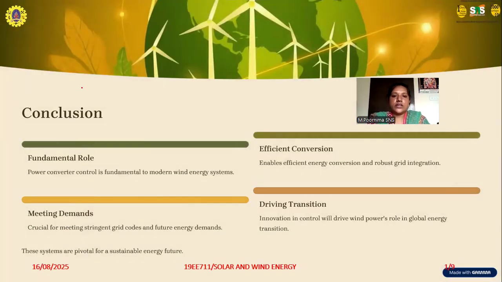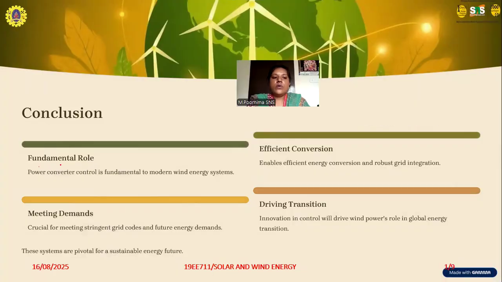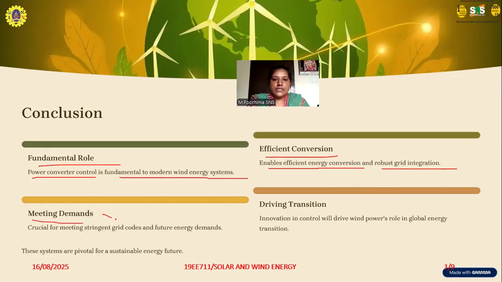Next, coming to the conclusions. Here we conclude with the fundamental role. Power converter control is fundamental to modern wind energy systems, enabling energy efficient conversion and robust grid integration. The next one is meeting demands.